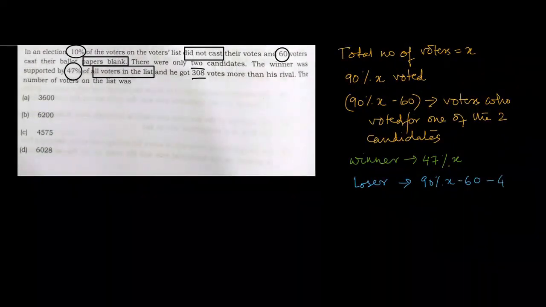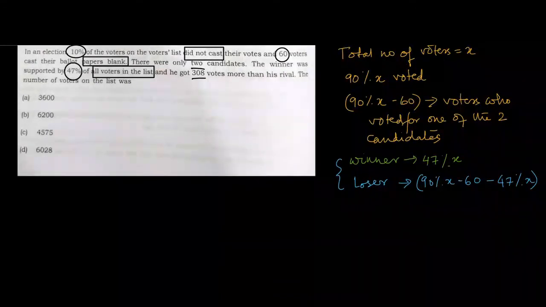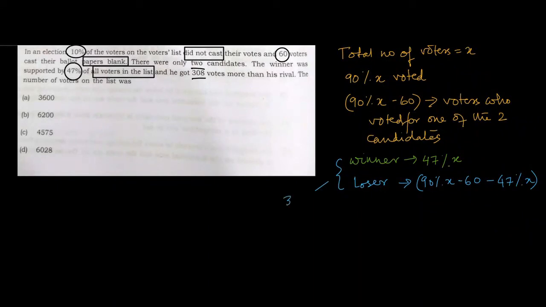So the rest minus 47% x is the number of voters who voted for the loser. So the difference between the winner and the loser is 308 votes.